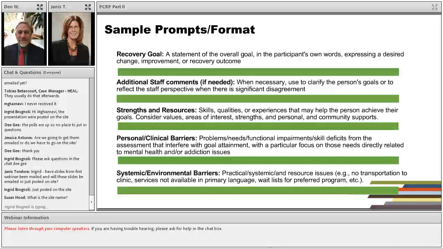And that's what they really need to overcome if they're going to be successful in reaching that goal. So we thought, again, to prompt that by creating separate spaces within the plan that would ask for those things.